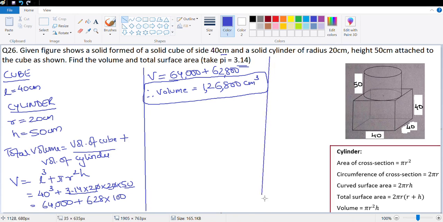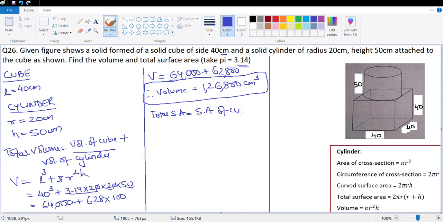Now let's look at the total surface area. So total surface area would be equal to, let's just count the surfaces. So we have the cube, which means surface area of cube. But is there anything which is getting removed from that?